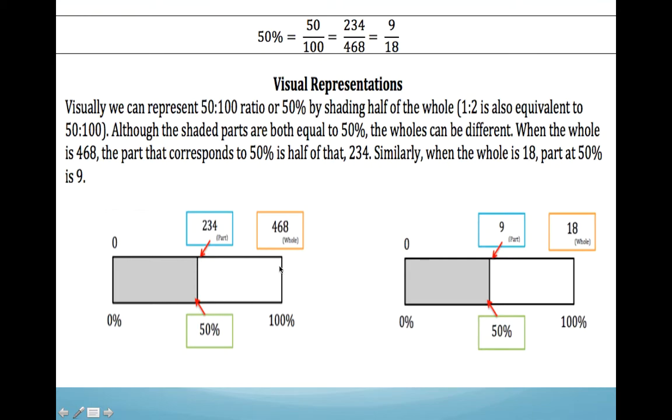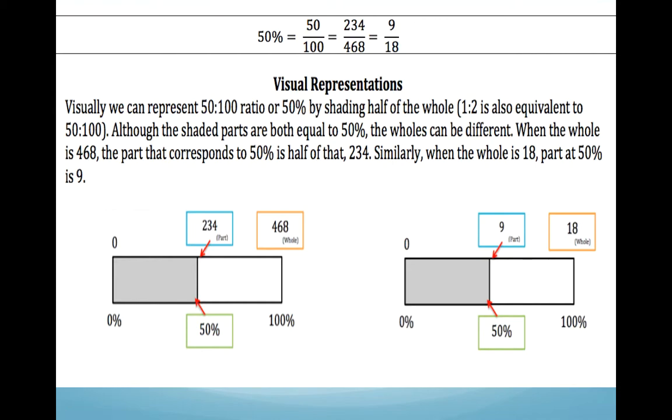Our visual model acts as a double number line. At the bottom, we track percentages from 0 to 100. At the top, we track quantities from 0 to whatever the whole is, in this case 468 or 18. 50% is our part.